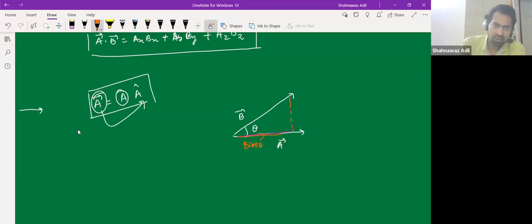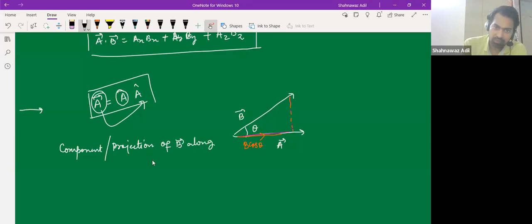So if I write the component or the projection of B along A, that is B cos theta.